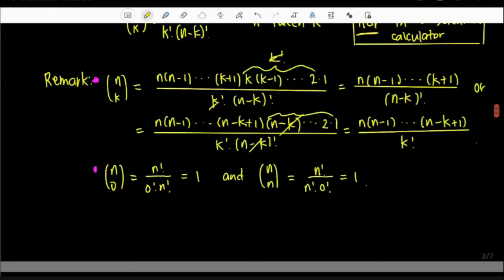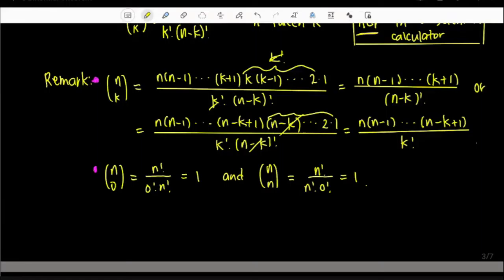Again, since we define 0 factorial to be equal to 1, n taken 0 can be easily computed by the formula: that's n factorial over 0 factorial times n minus 0, or n factorial. So that's equal to 1. Similarly, n taken n is equal to n factorial over n factorial times, on the denominator, n minus n.